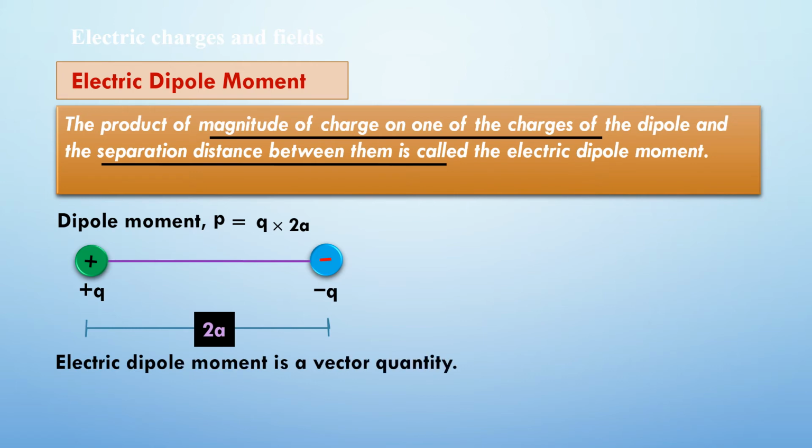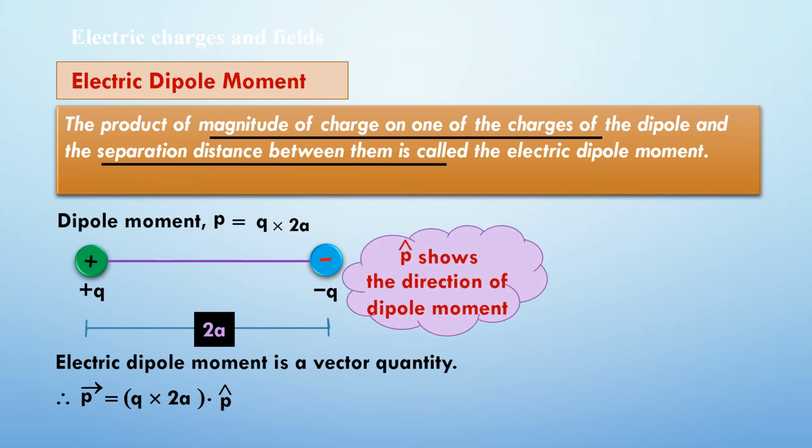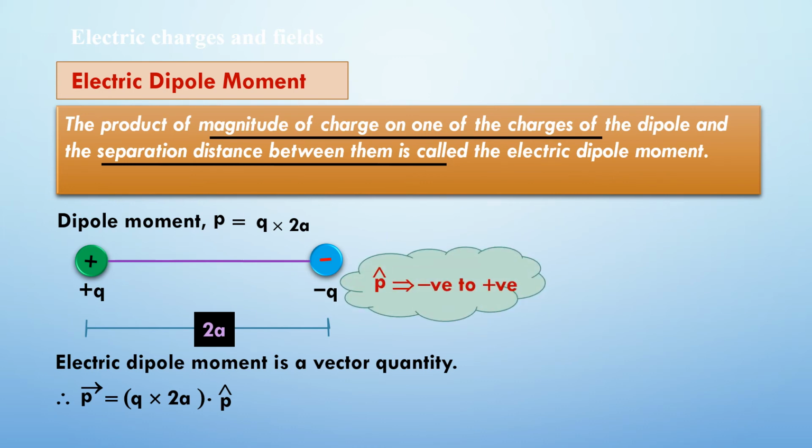Electric dipole moment is a vector quantity. Hence, to represent it in terms of vectors, we would have vector P is equal to Q into 2a into unit vector p, where unit vector p shows the direction of dipole moment. This direction of dipole moment is always from the negative charge to the positive charge.